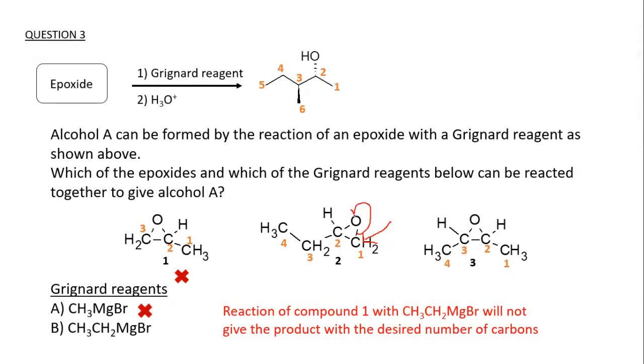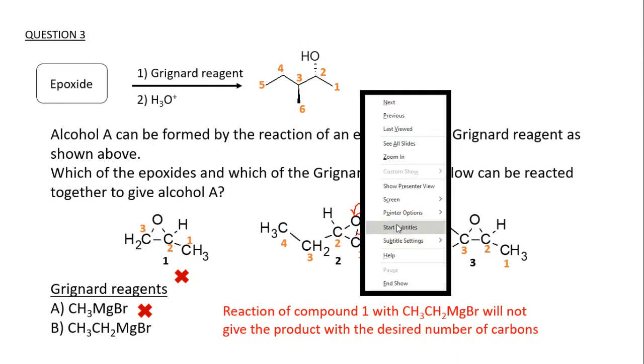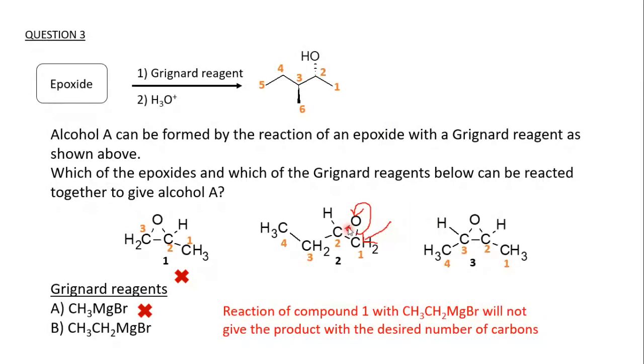We would be breaking a bond between carbon 1 and oxygen. So it would mean that carbon 2 would have the OH on it. And not only would carbon 2 have the OH on it, the Grignard would have been added to carbon 1. But in our product, we only have 1 methyl here.